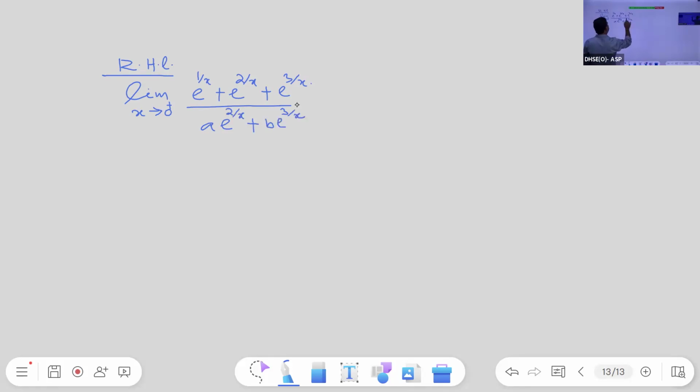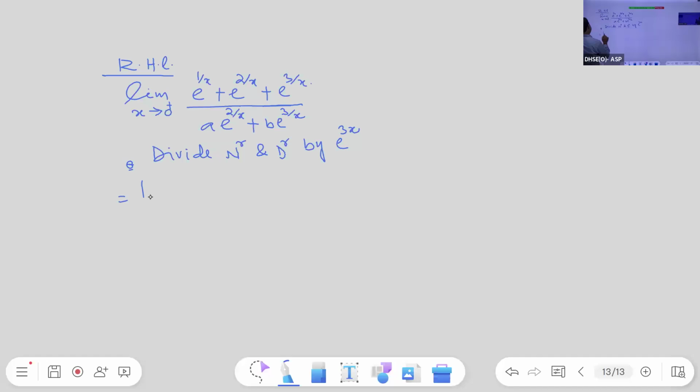When I was taking your limit class, I already told you about the dominating factor. Here the dominating factor is e raised to the power 3 by x. Now divide both numerator and denominator by e raised to the power 3 by x.